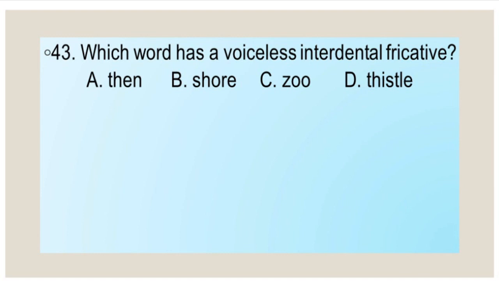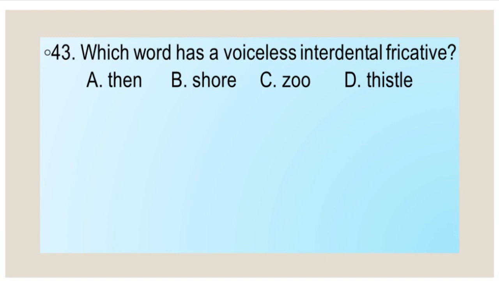All their initial sounds are fricatives. Alpha has z. Bravo has sh. Charlie has z. Delta has sh. Now, what do you think is the voiceless interdental fricative? Voiceless meaning you cannot feel vibrations in the vocal cords if you place two fingers against your throat. You can try this one later. Voiced requires vibrations in the vocal cords.